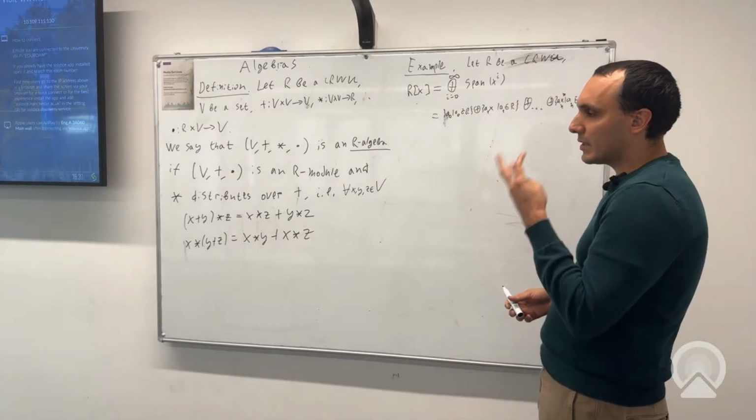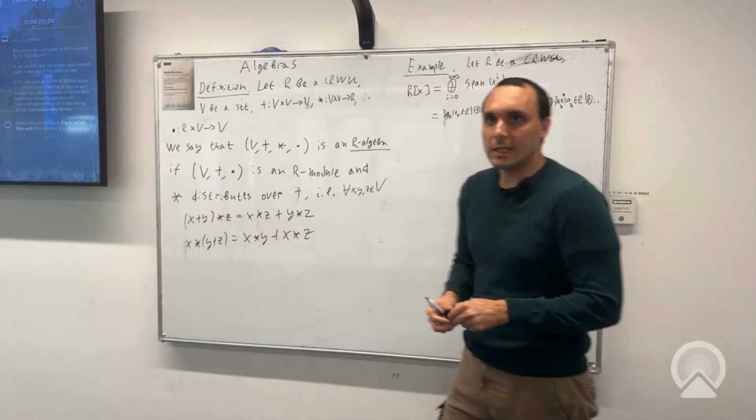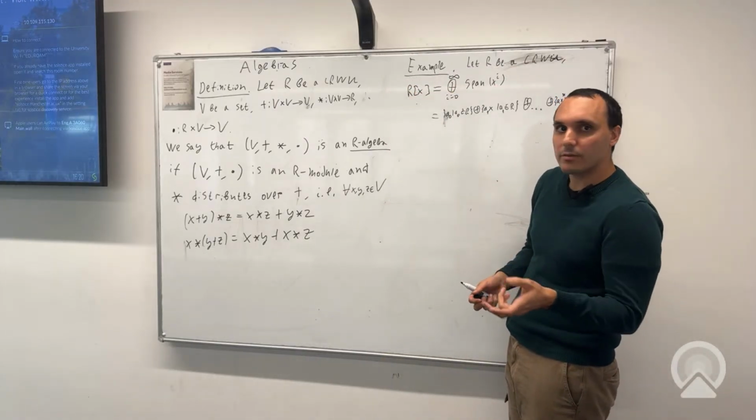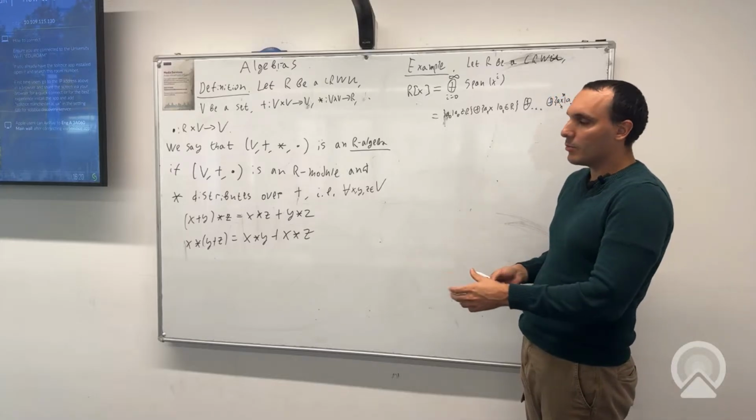We have two distributive properties. So there are three main operations: addition, multiplication, and scalar multiplication. Rings have addition and multiplication. Modules have addition and scalar multiplication, and algebra has all of them.